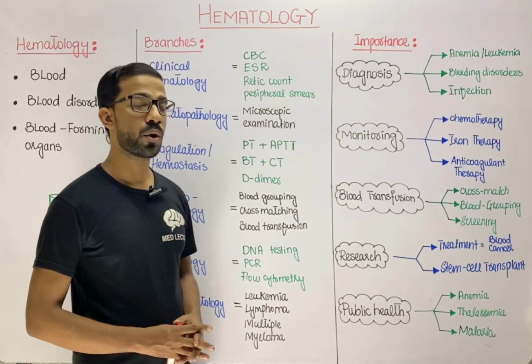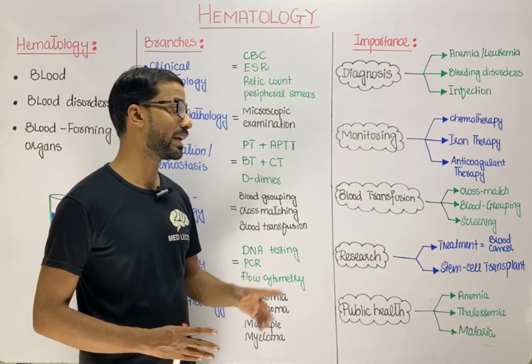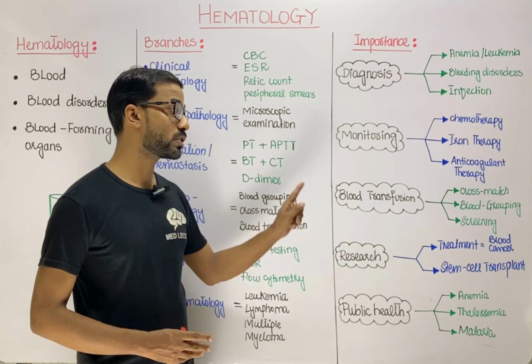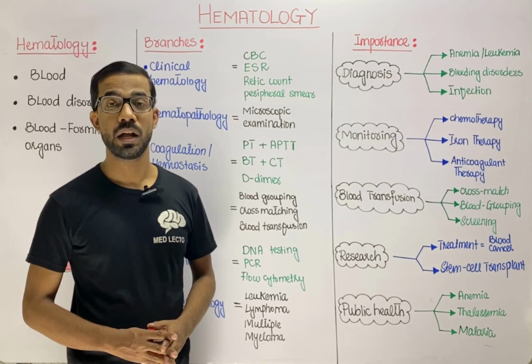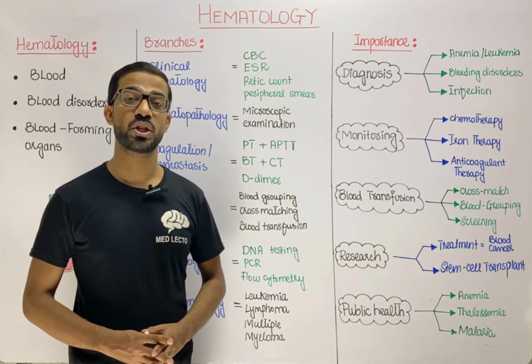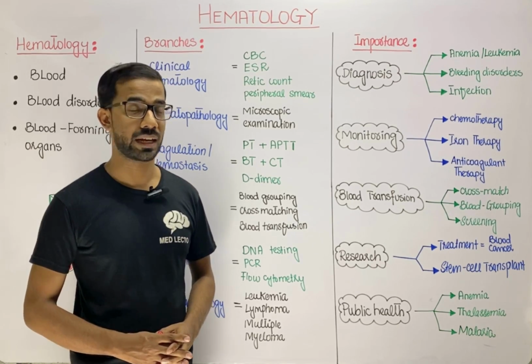Blood transfusions, in that case we can go towards cross-matching, blood grouping, and screening. As we have discussed, all these things are needed before the transfusion. Otherwise, if incompatible blood is transfused to the patient, it will create complications in the body of the patient, and sometimes even death can happen.